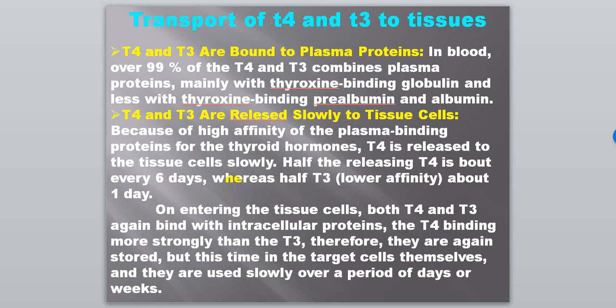Transport of T4 and T3 to the tissue. After synthesis in the colloid, thyroglobulin is made by the Golgi apparatus and the endoplasmic reticulum. We said thyroglobulin is a glycoprotein, with protein, that means amino acids, especially tyrosine.